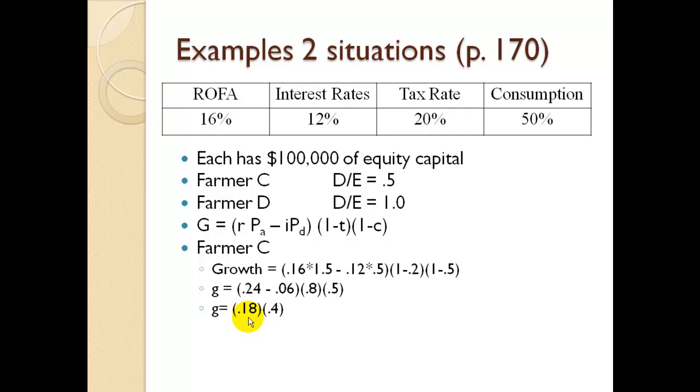So this 0.118 is the return. You're making an 18% return above your interest, but we're only keeping 40% of that. This 0.4 is equal to 1 minus the tax rate times 1 minus the consumption rate. This whole thing together can also be considered K, and it's the percent you're keeping. So in this case, we're keeping 40%.